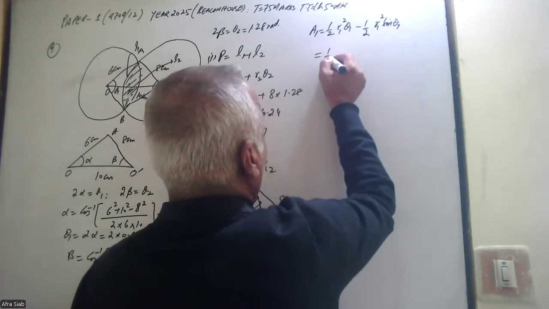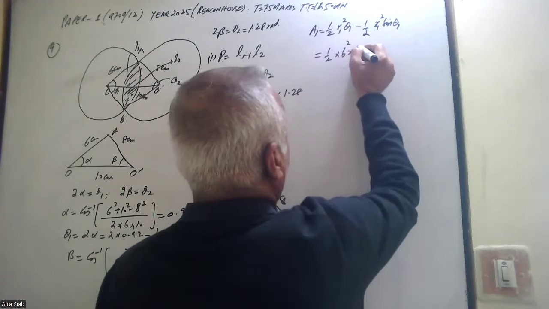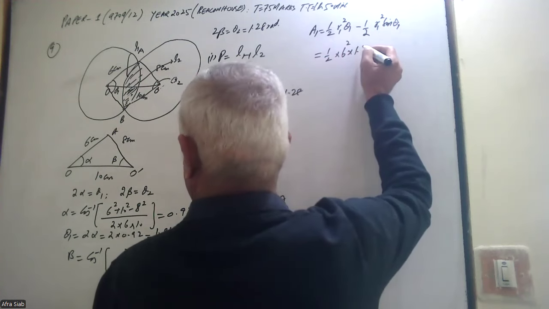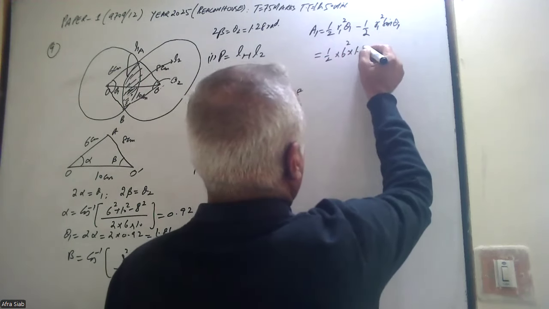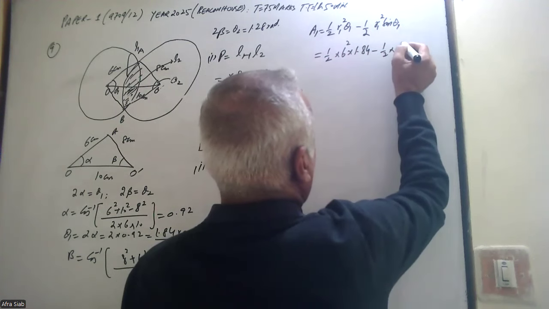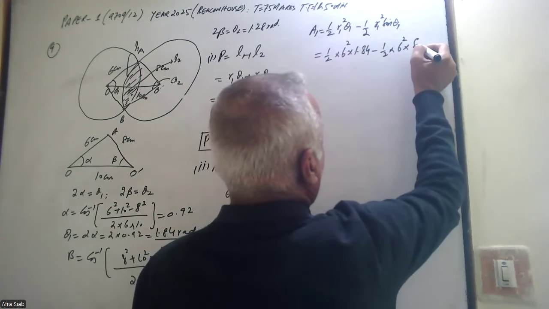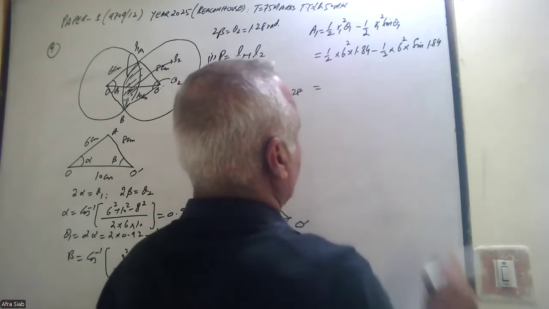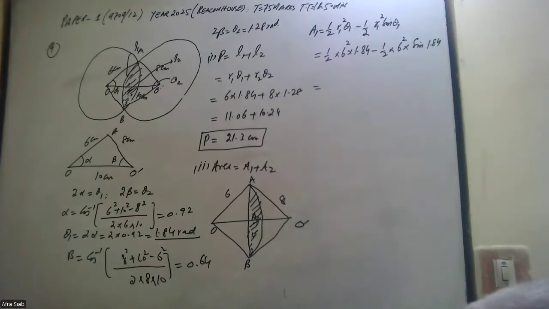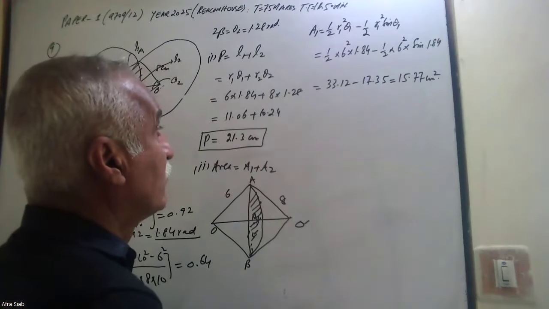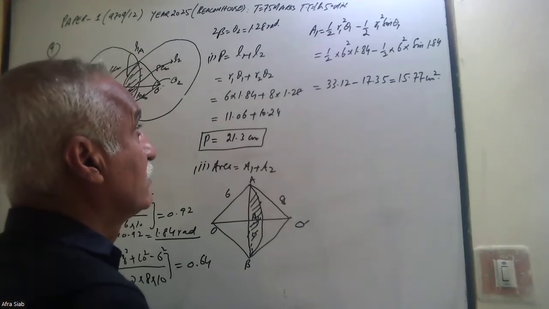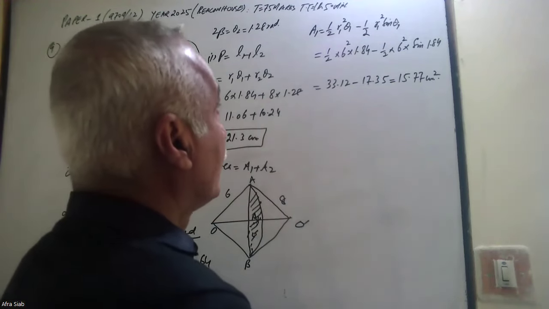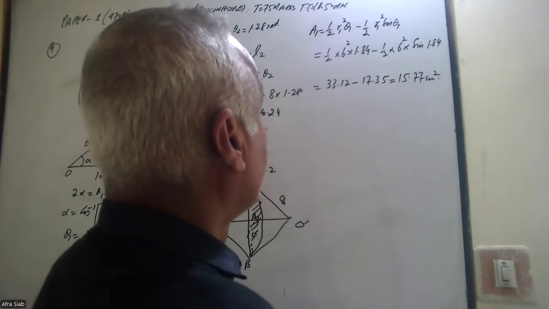Which is equal to half into 6 square into theta 1, which is 1.84, minus half into 6 square into sine of 1.84, and that value is equal to 33.12, the area of half R1 square theta 1, and 17.35, the area of the triangle half R1 square sine theta 1.